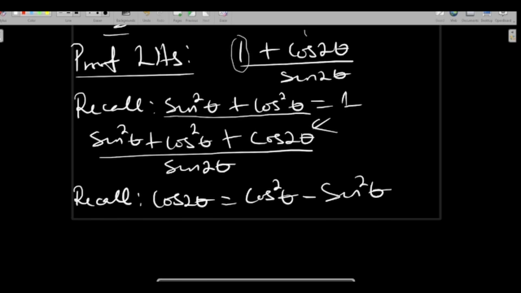Okay, I memorize them. That's why it's quite easy for me. And with them, I'm able to recognize patterns and solve these problems very, very quickly. You need to also do the same. It's really very important. So I'm going to replace this cos 2 theta here with cos squared theta minus sine squared theta, just like I did for the one I had initially.